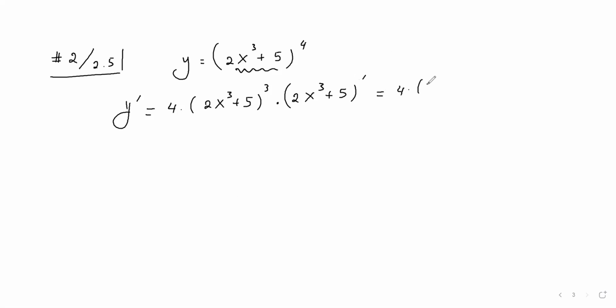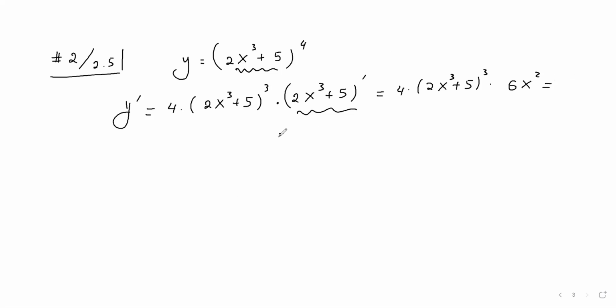So we get 4 times 2x cubed plus 5 cubed times, and this guy here can be taken care of easily. So 2x cubed prime is going to be 6x squared, folks. Yeah, 2 times 3x squared. So 6x squared, and I can stop here because the plus 5 prime is just 0.